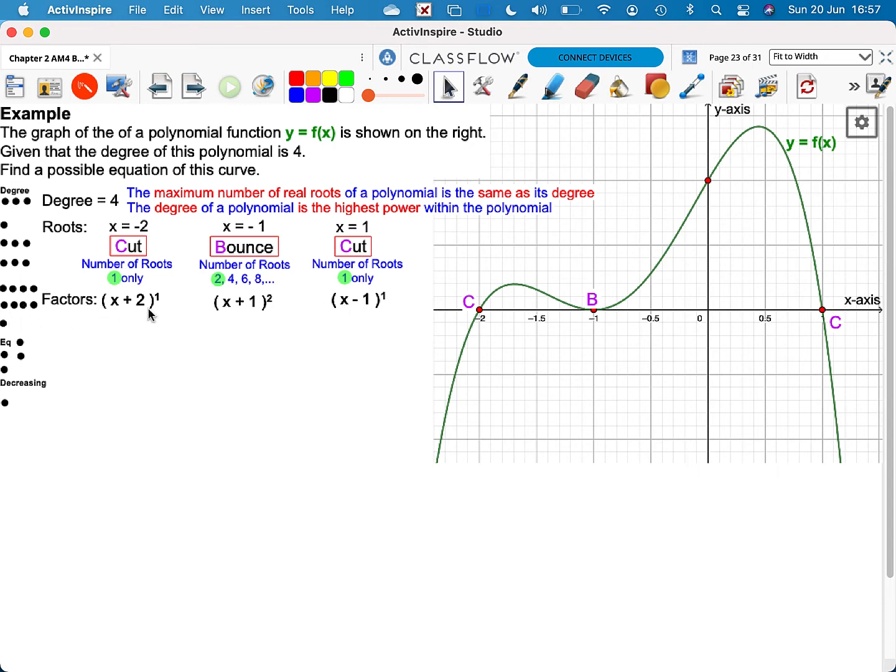How do we turn factors into an equation? We multiply them together and we put them equal to y. There is a multiplying factor of k, which we always put in. We're not going to be able to work out this value of k today because we don't know where it cuts the y-axis.